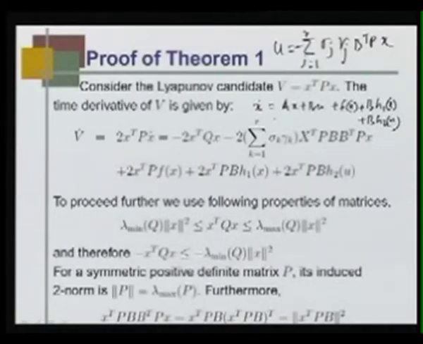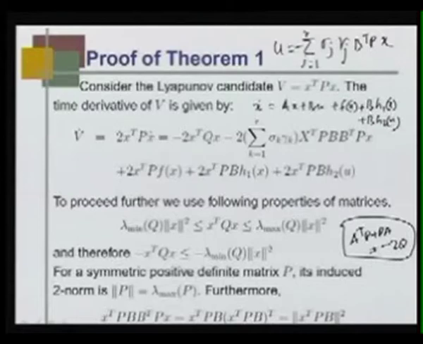And we know that A transpose P plus P A is minus 2 Q. This can be written as x transpose times A transpose P plus P A times x.